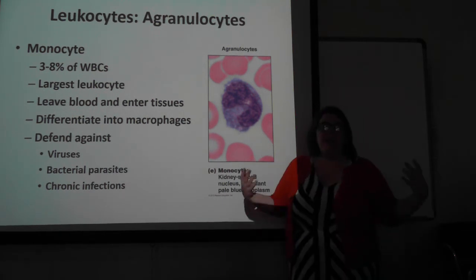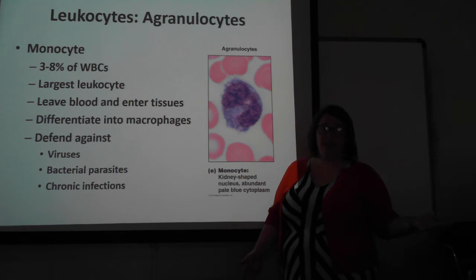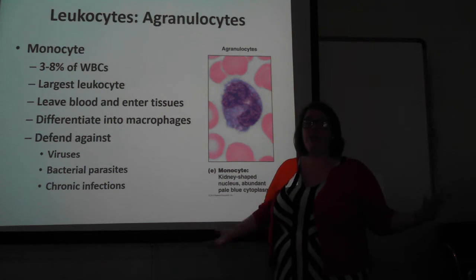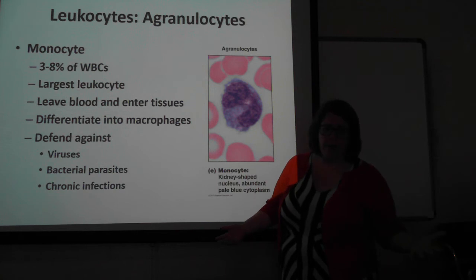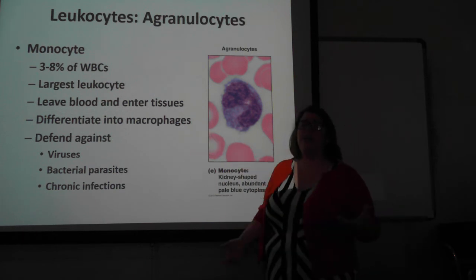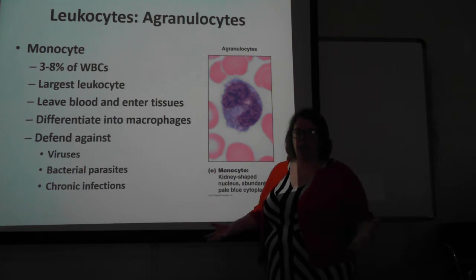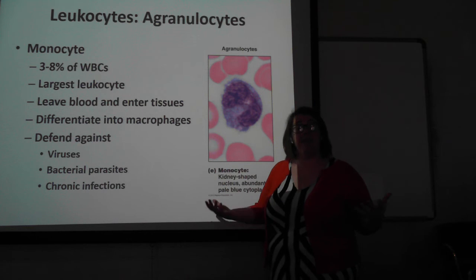But as soon as it senses trouble, it will leave the bloodstream via diapedesis and move into the tissues, and then we would call it Superman. So it's like it's gone in the phone booth, it's done the quick change, it's put its underwear on over its tights, and it's moved out into the tissues, and then we would call it a macrophage. So just like Clark Kent and Superman are the same person, a monocyte and a macrophage are the same cell.